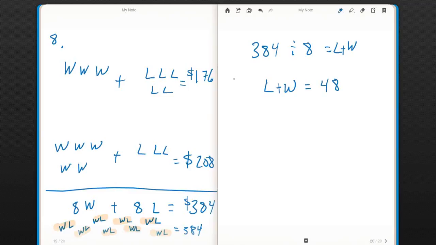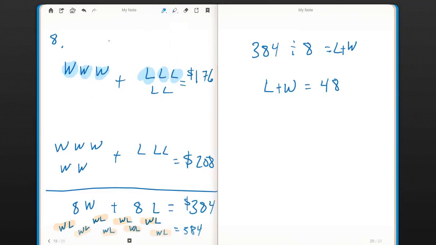Now, how does that help me? Well, I go back to my problem and I say, that's $48. That's another $48. And that's another $48.